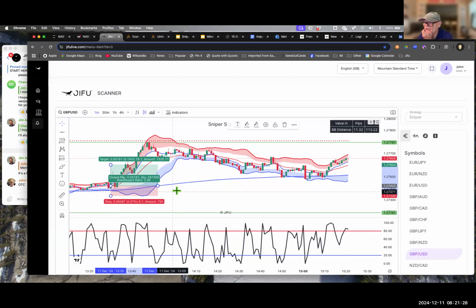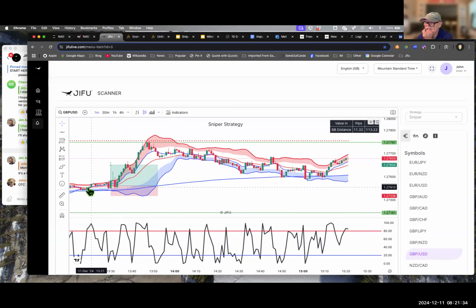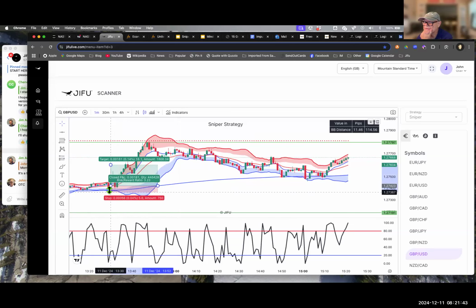It wouldn't have even hit on this candle here. So even if you entered here, even if you entered back here, again, your stop loss wouldn't have been hit. And up you go. That stop loss is probably a bit low. I probably would have put it more about there on this one.